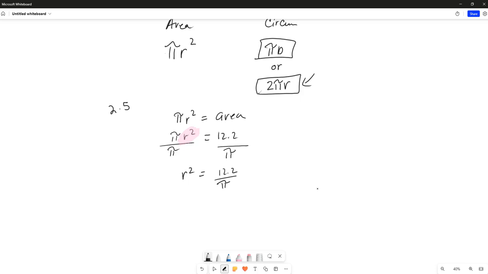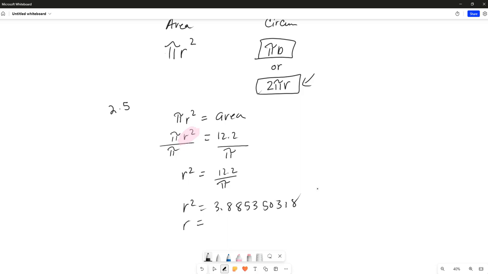And I got radius squared equals 3.8853503018. It's obviously a long number. And then take the square root of that, which is the square root button. It's under the tan button on the TI-30X.